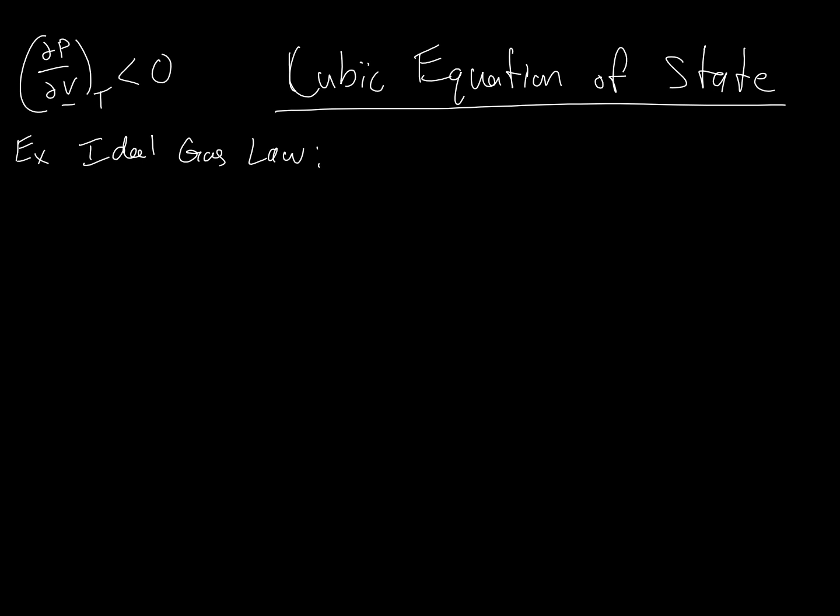Let us all take a moment and test. Is it stable? So I'll leave it on you guys. Take a couple moments and do some number crunching and calculate dP dV at constant T for the ideal gas law. Are there any conditions under which the ideal gas law is not thermodynamically stable?